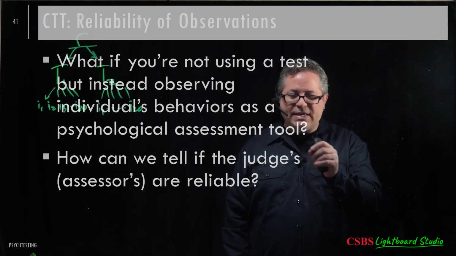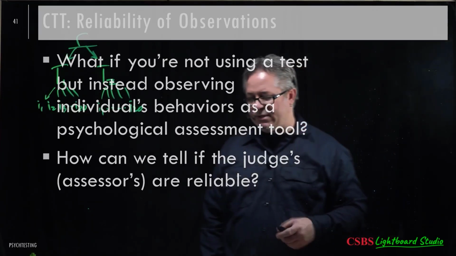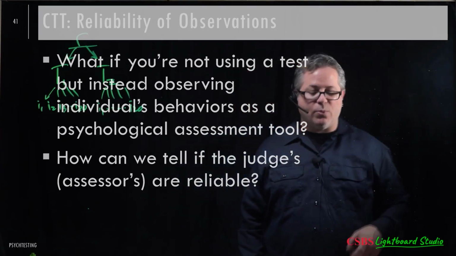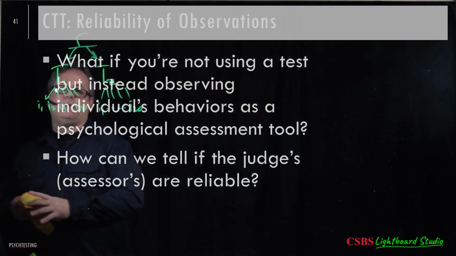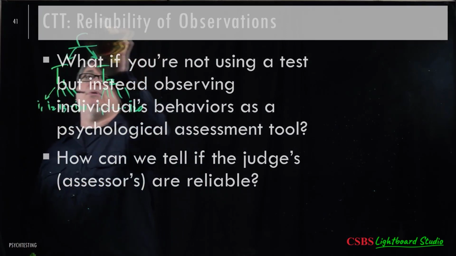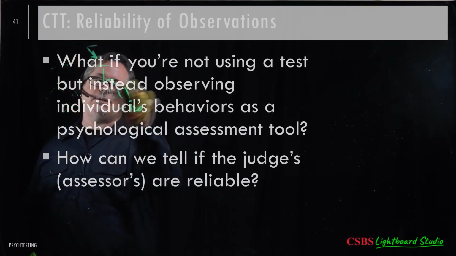How do you judge whether or not there actually is some consistency or reliability between those judges, which is a completely different way of thinking about reliability as well. How do we make sure that our judges, our people, are actually reliable across different behaviors or different instances, scenarios?